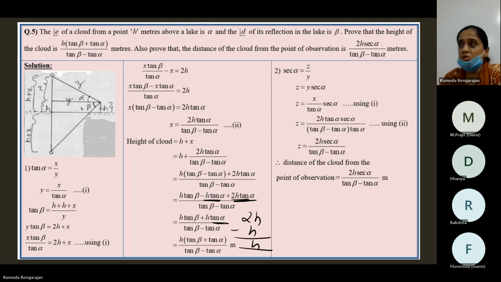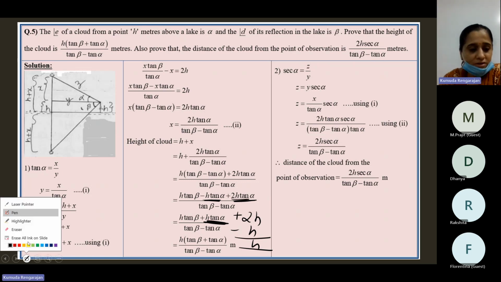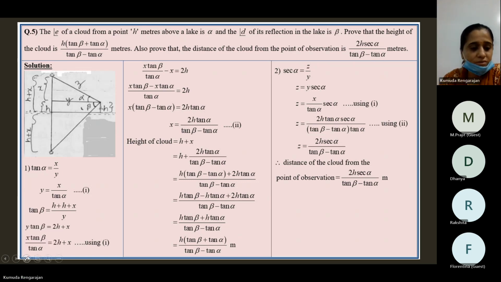H. 2h minus h is h. So h tan alpha. Now take h common. So h tan beta plus tan alpha, divided by tan beta minus tan alpha meters. That's what it is here.